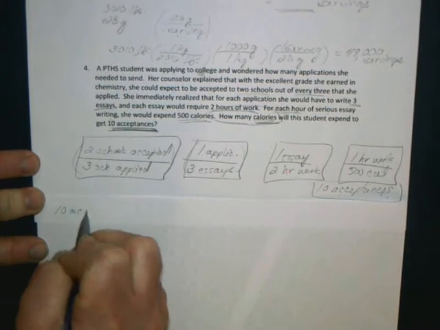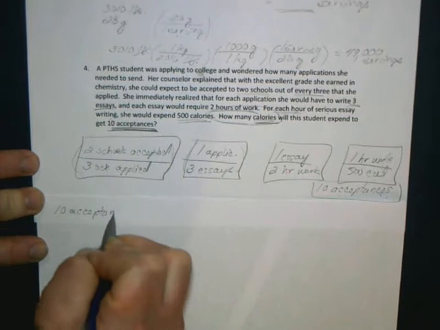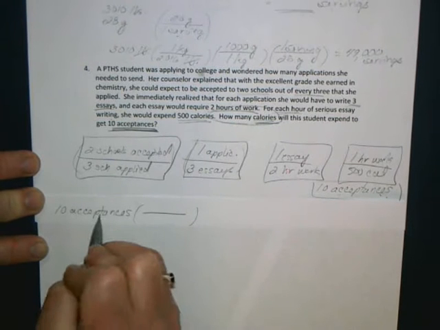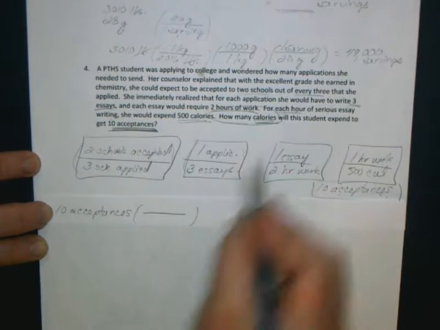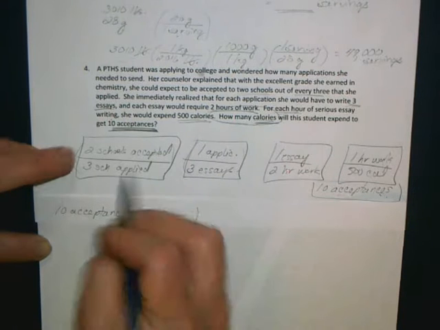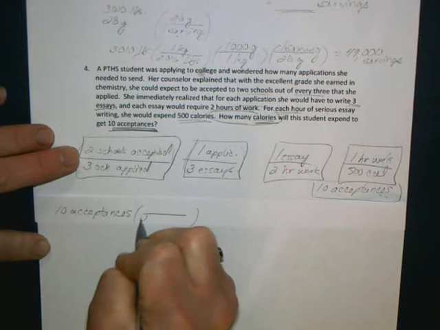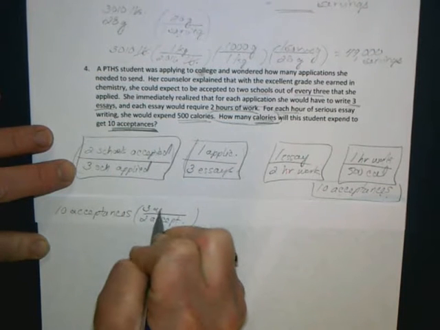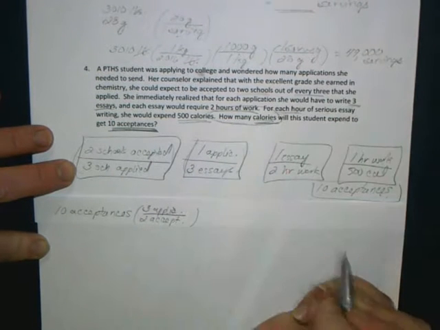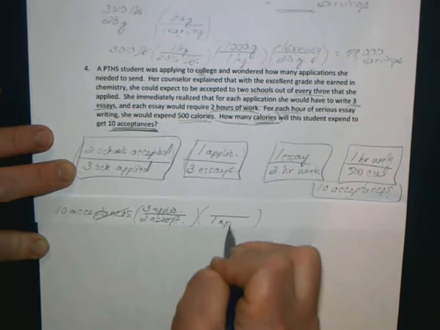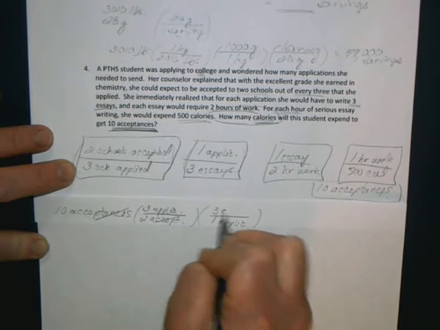All right, so 10 acceptances. Well, I know that I'm going to want to cancel that, because I don't want that as my end unit. I want calories. Well, here, there are 2 acceptances for every 3 applications. Okay. Oh, and for every 1 application, she has to write 3 essays.